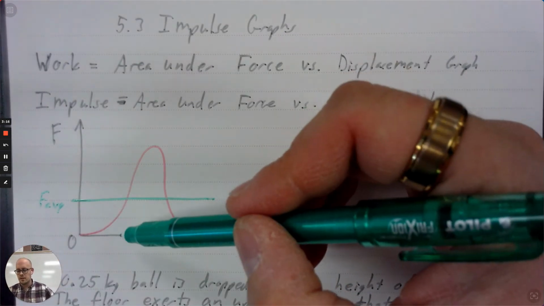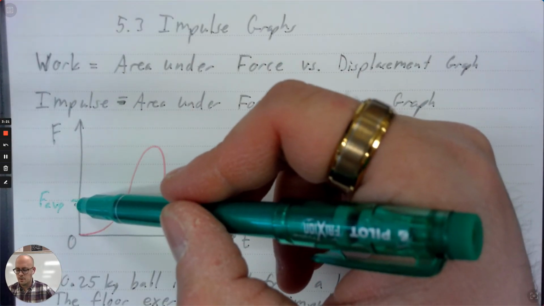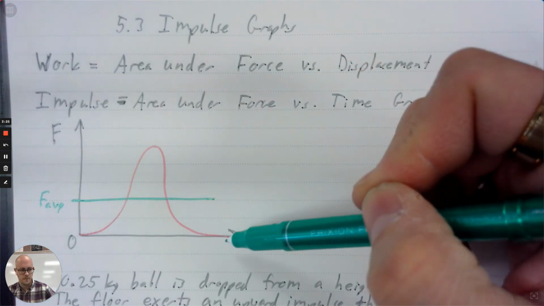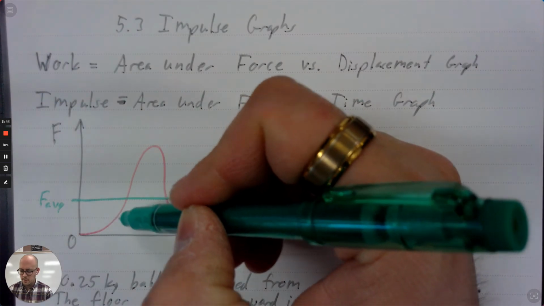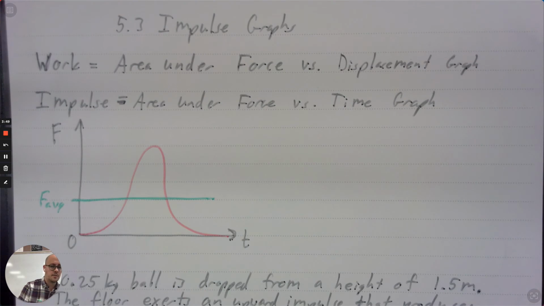We can take a curved graph and say that this changing force over a certain amount of time is the equivalent of a constant force over time, whatever that constant force is, the numerical average of the graph. So that's it for really the intro. If I wanted to find the impulse, I would find the area under the graph, and that would equal the impulse. That would also equal the change in momentum.